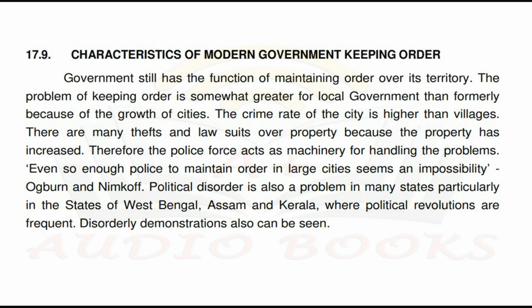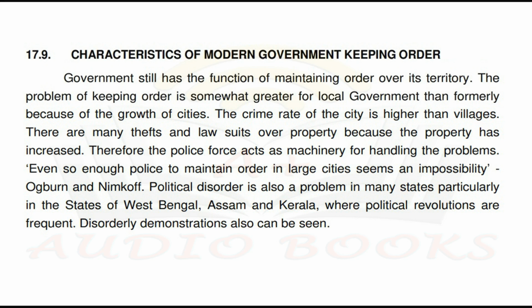Characteristics of modern government. Keeping order. Government still has the function of maintaining order over its territory. The problem of keeping order is somewhat greater for local government than formerly because of the growth of cities. The crime rate of the city is higher than in villages. There are many thefts and lawsuits over property because the property has increased.